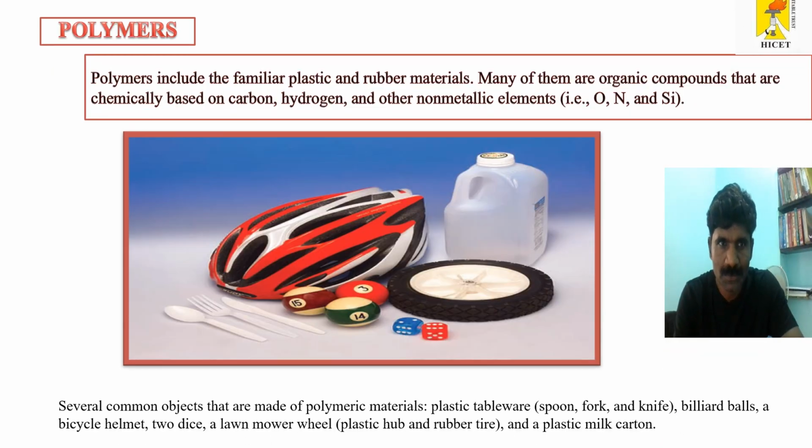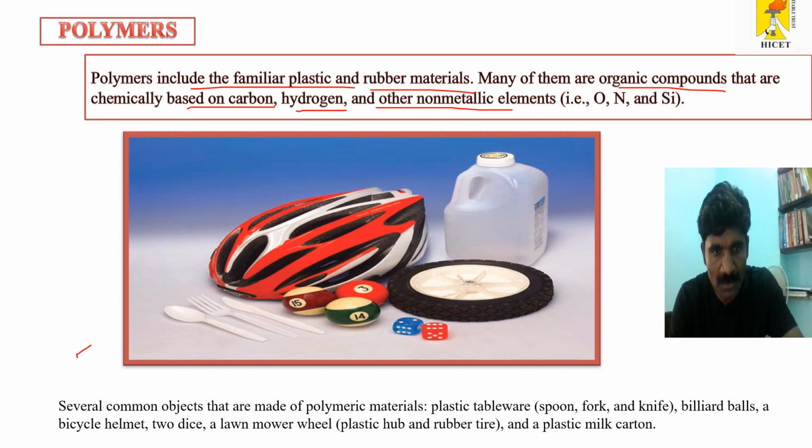So this slide shows you another type of solid material, that is polymers. So polymers is a kind of material that includes familiar plastics and rubber materials. Many of them are organic compounds that are chemically based on carbon, hydrogen, and other non-metallic elements like oxygen, nitrogen, and silicon.